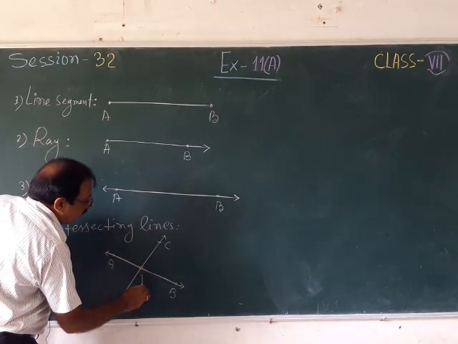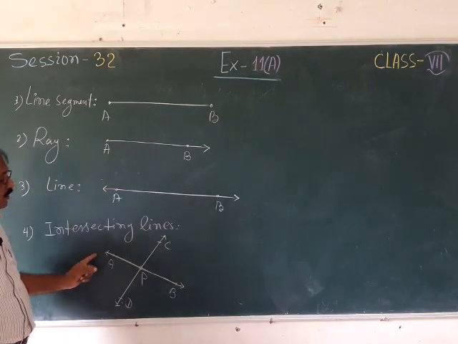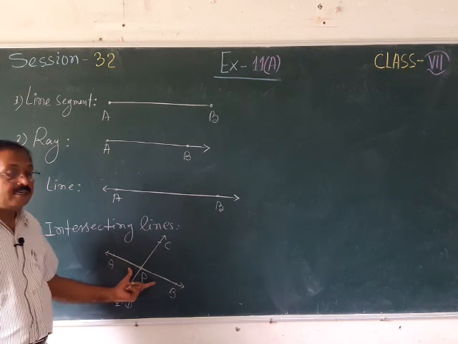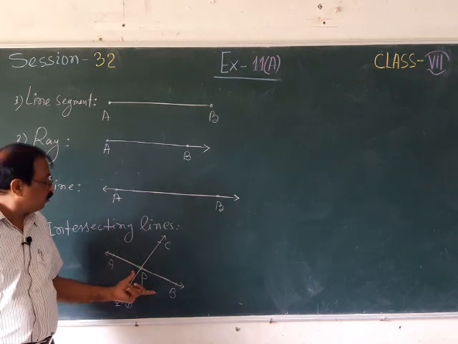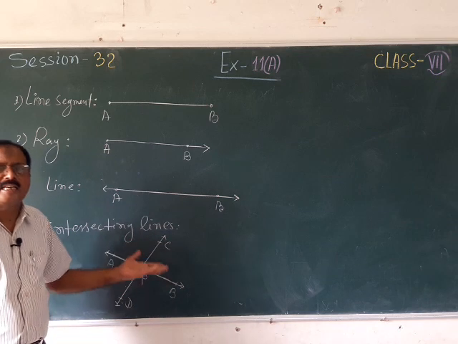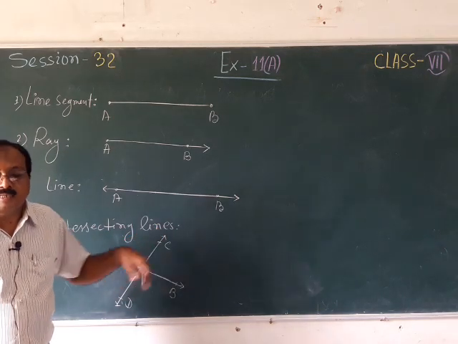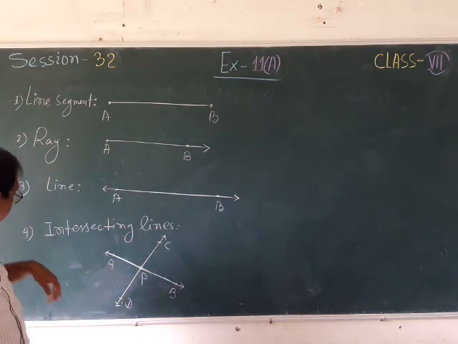This point's name I can take as P. So here you can say that line AB and line CD are intersecting at a point, and this point is named P. Any name you can take. If you see such type of lines, then you can say that line AB and CD are intersecting lines.